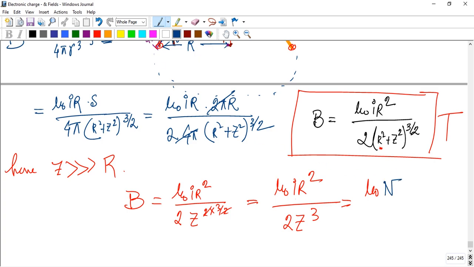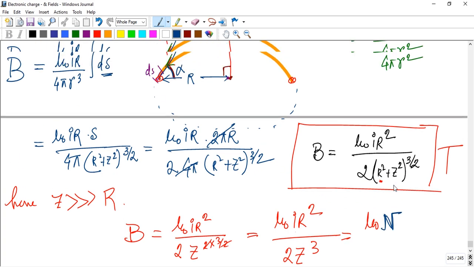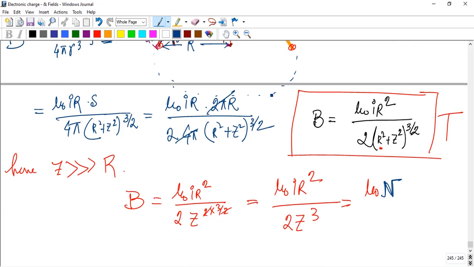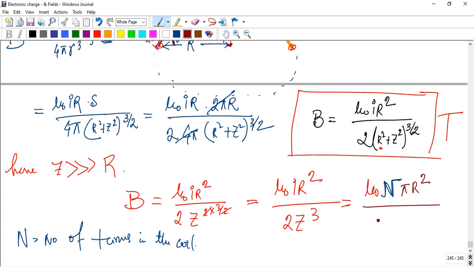Now suppose n is the number of turns in the given coil. There is not a single turn, there are 2, 3, n number of turns here. So we get n multiplied by pi capital R square, by 2 pi z cube.